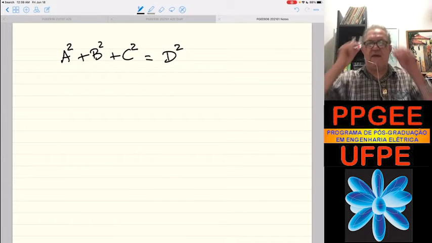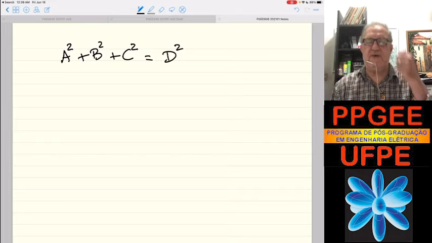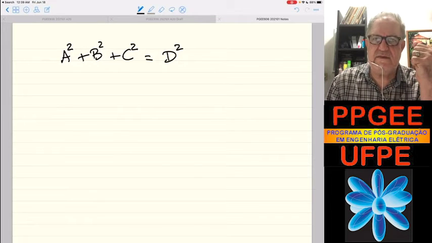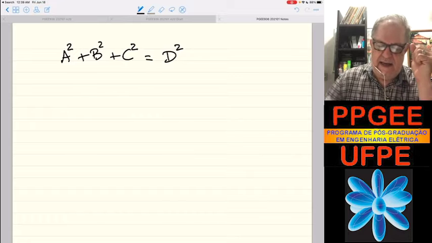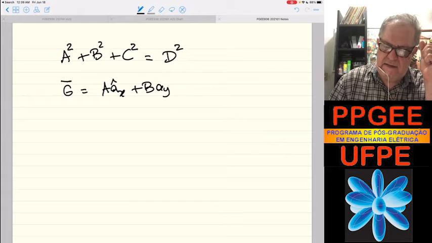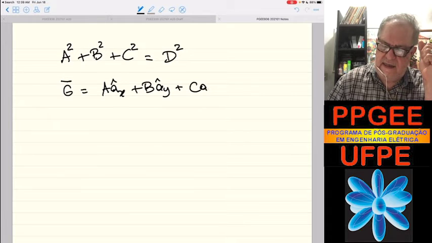So I have to choose my constants. The gradient of W has to be a constant vector, right? And the constant vector G has components A ax, B ay, and C az.